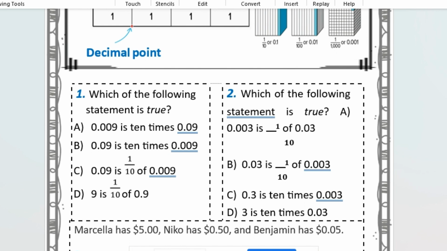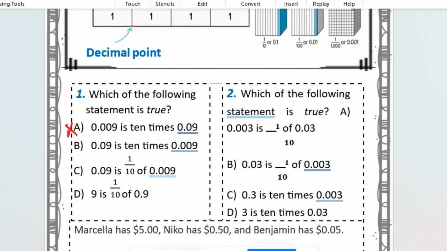So 9,000 is 10 times 900. Is this correct? Of course, this is wrong. It's actually the other way around. 900 is 10 times as much as 9,000.